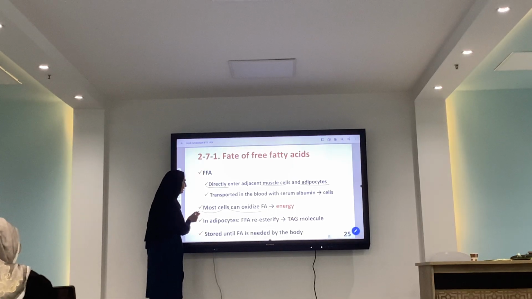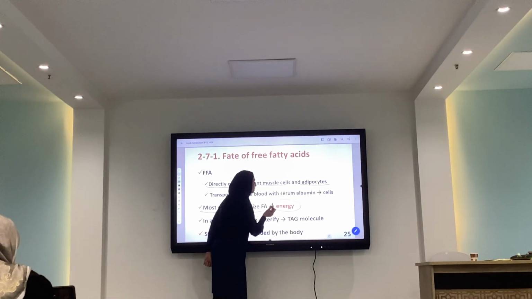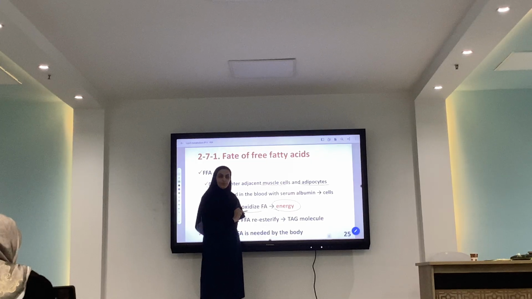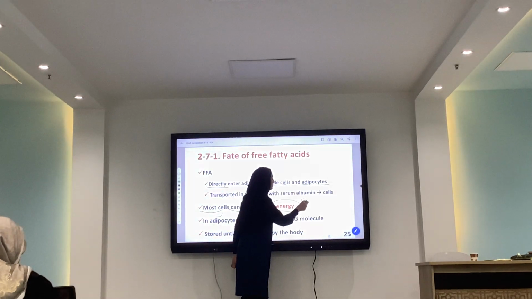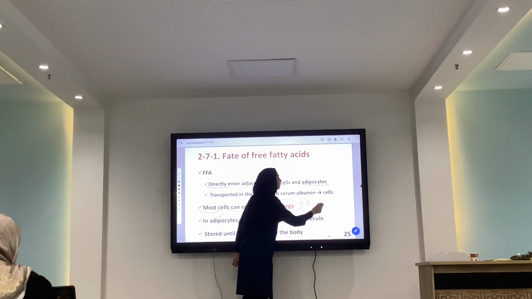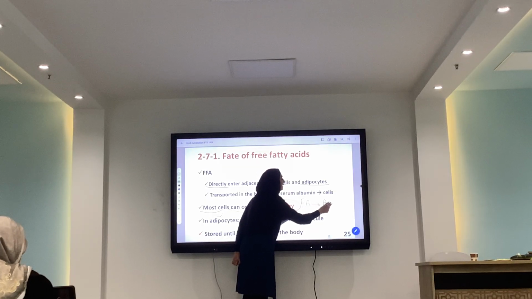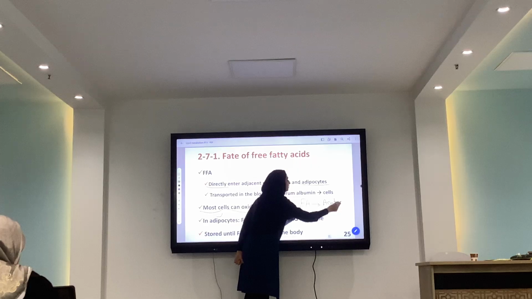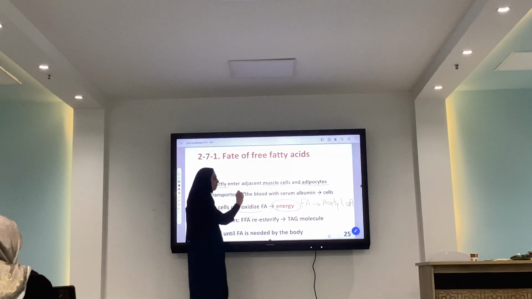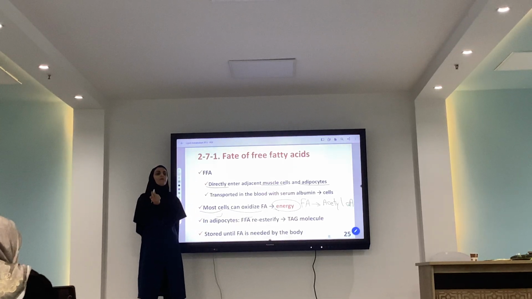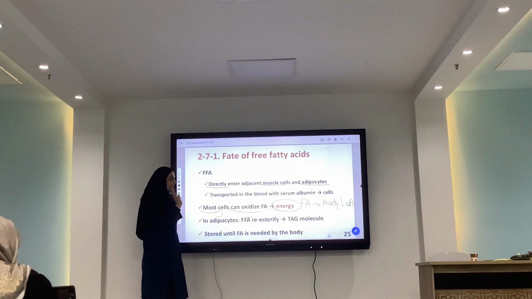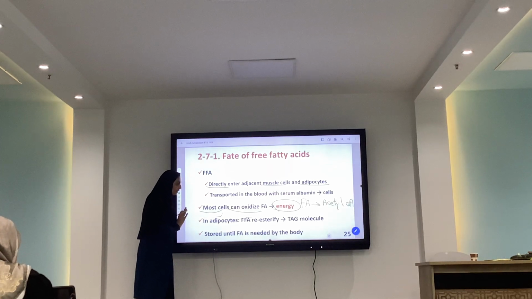In the cells to produce energy. Do you know how? These fatty acids are broken down to acetyl-CoA, and then produce ATP. Exactly. The free fatty acid is broken down to acetyl-CoA and produces energy for us in the form of ATP in the Krebs cycle and electron transport chain.